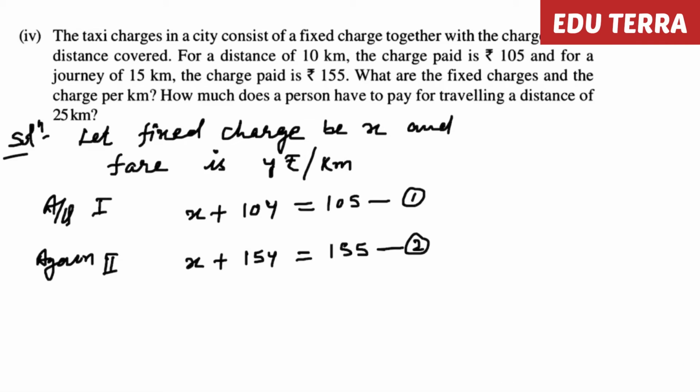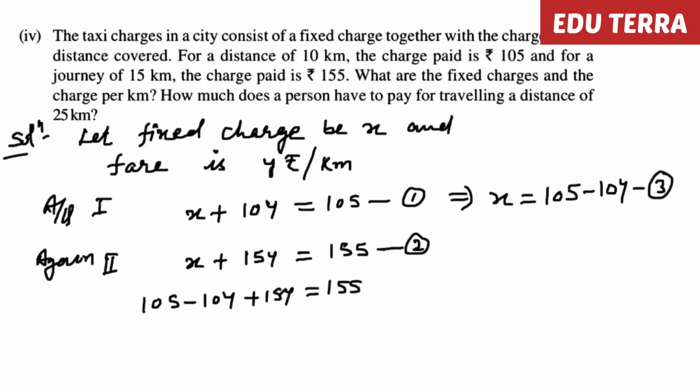So from 1, otherwise from 2, you can find the value of x, then substitute. See, here from 1, x equals 105 minus 10y, it is number 3. So substitute in equation number 2, you will get 105 plus 5y equals 155.